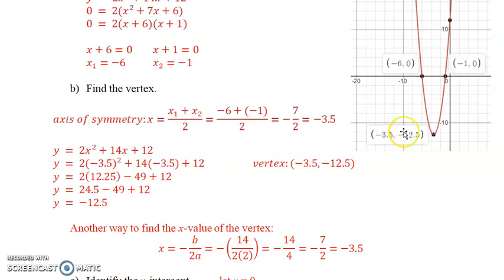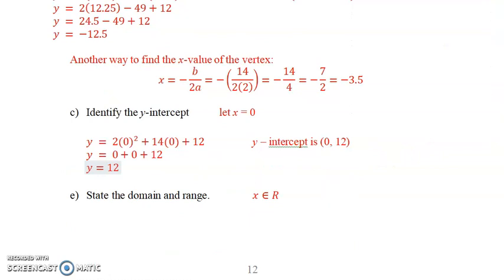And for y, the y goes as down as far as negative 12.5. So for y, we have to say y is greater than or equal to negative 12.5. And again, you can use interval notation. Depending on how you were taught, you can use whatever you prefer.